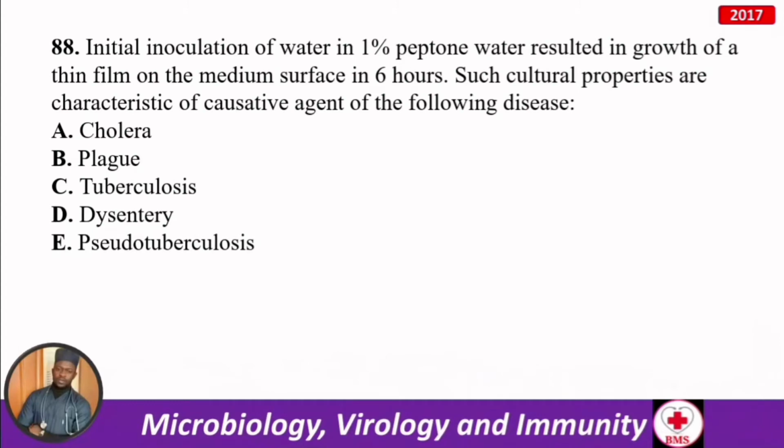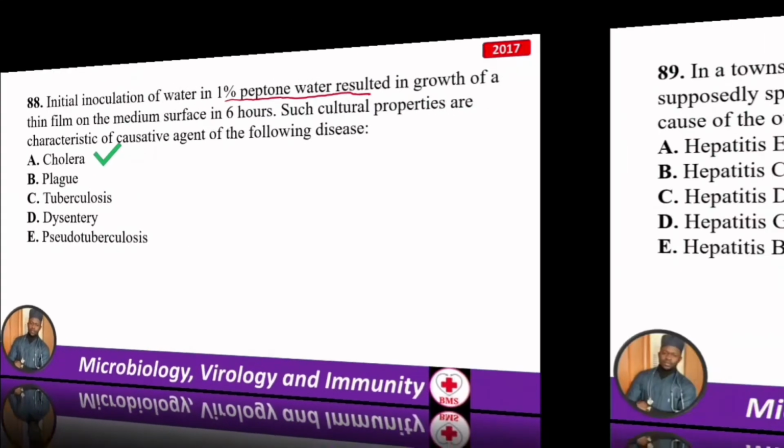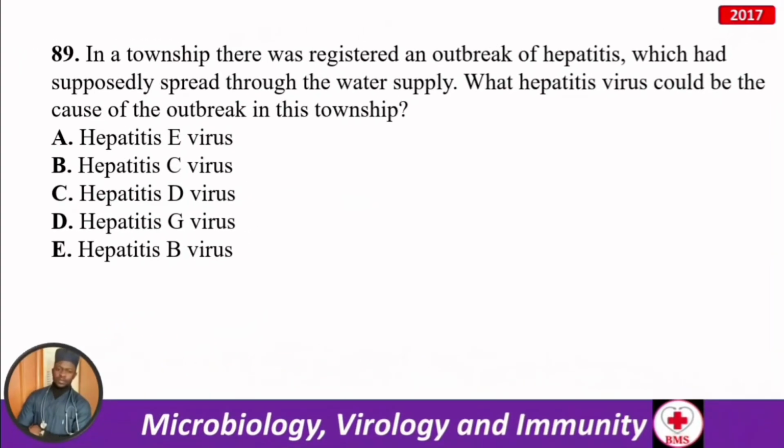Initial inoculation of water in 1% peptone water. This is cholera, right? Sometimes you don't need to read the whole question, right? And we've covered this question several times. So I'm sure now you know all the buzzwords concerning cholera. Rice water, okay. In a town, there was registered an outbreak of hepatitis, which had supposedly spread through water supply.